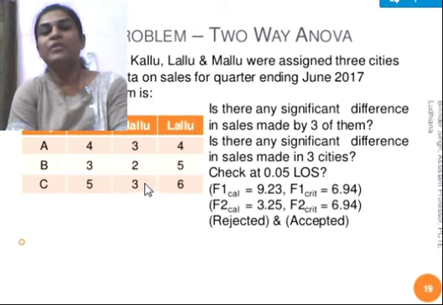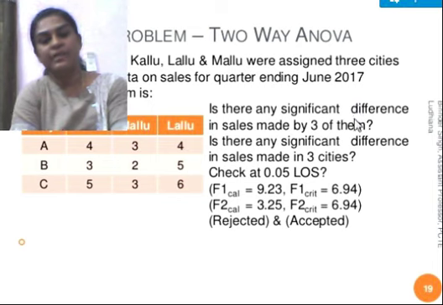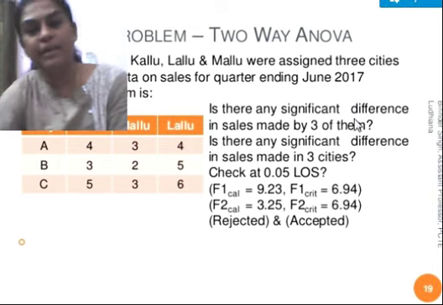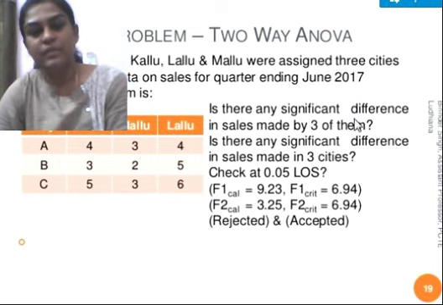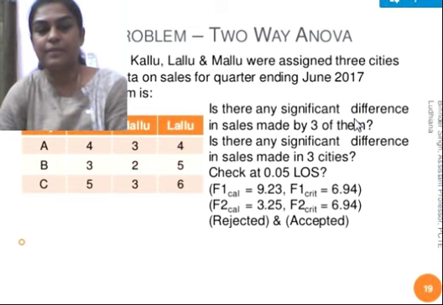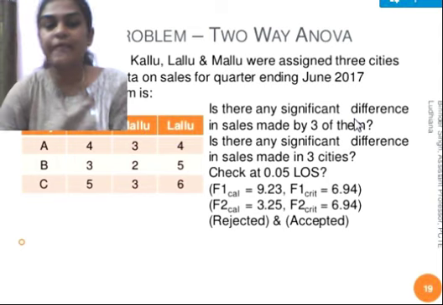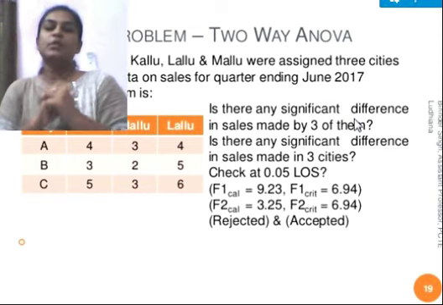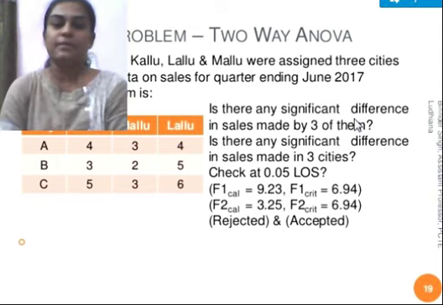So now the question is: is there any significant difference in sales made by the 3 of them? Is there any significant difference in sales made in the 3 cities? We have to check it at the 0.05 level of significance.